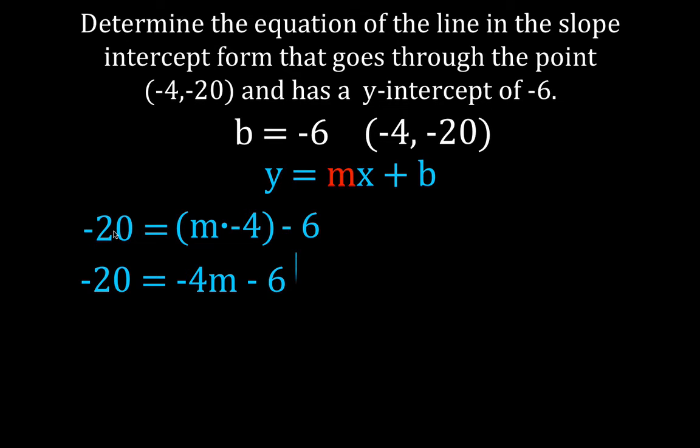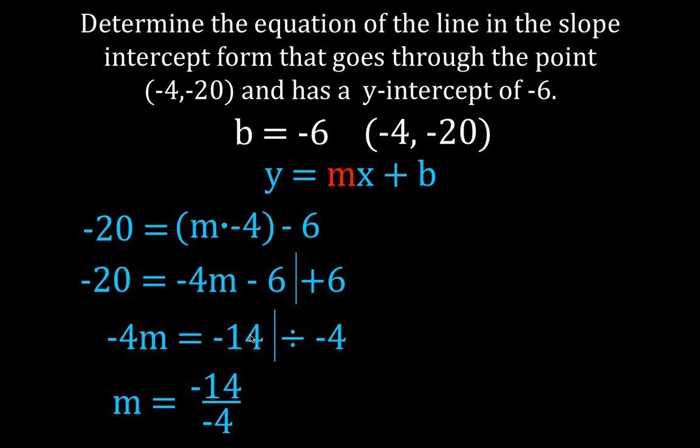We move the 6 over by adding 6 to both sides. That gives us minus 4m, because minus 6 and plus 6 is 0. Minus 20 plus 6 is minus 14, so we have minus 4m equals minus 14. We're going to divide by what's in front of the m, which is minus 4. And we get m is minus 14 over minus 4, which we can simplify to 7 halves.